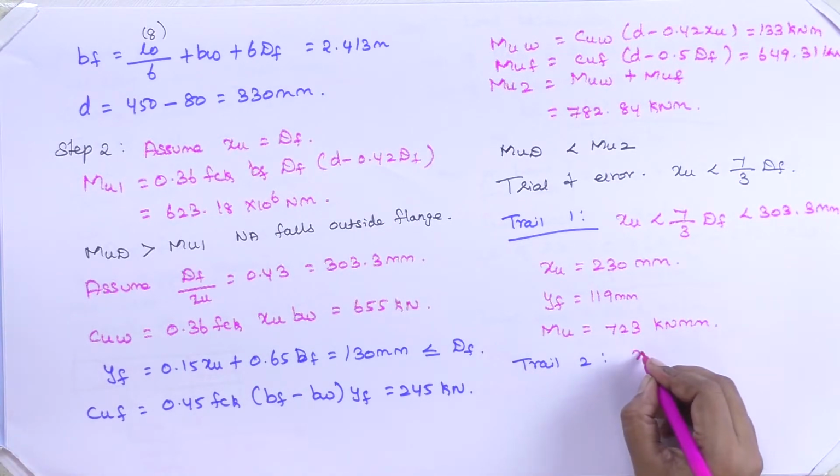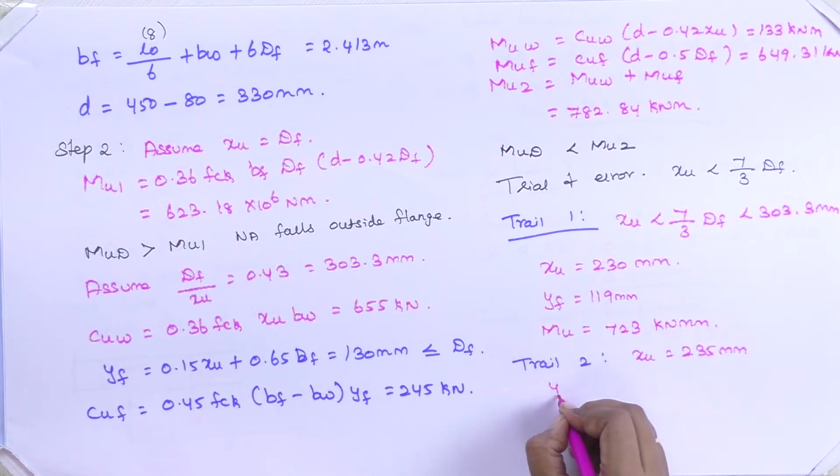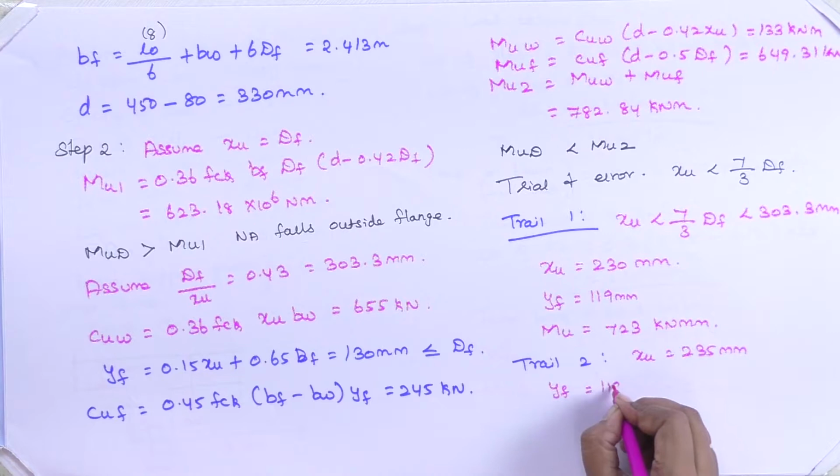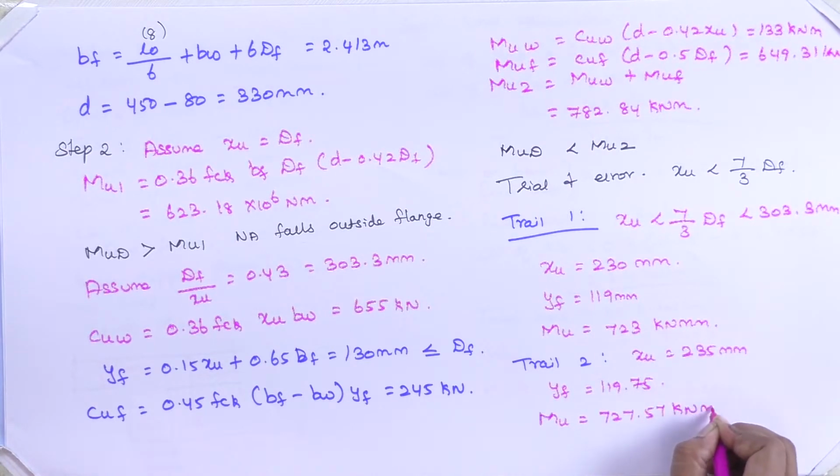I will put XU is equal to 235 mm. I will get YF as 119.75. So I will get MU as 727.57 kilonewton meter. Now it is almost equal to my MUD.